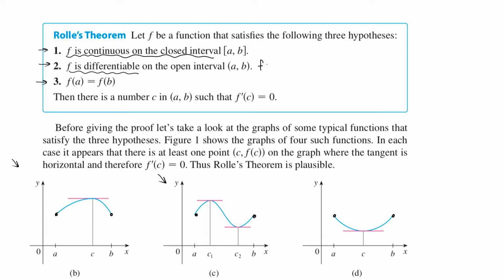As you know, the function f of x equals the absolute value of x, or the function f equals x to the power 2 by 3 or something like that. These functions, although they are continuous, are not differentiable. And we have studied these things and proved why these functions are not differentiable.